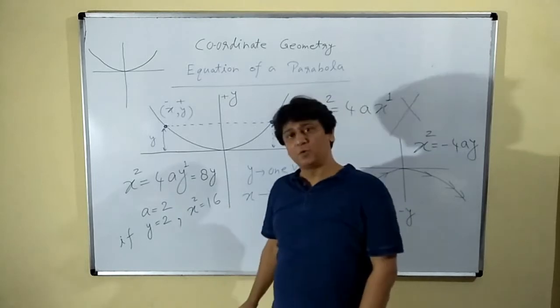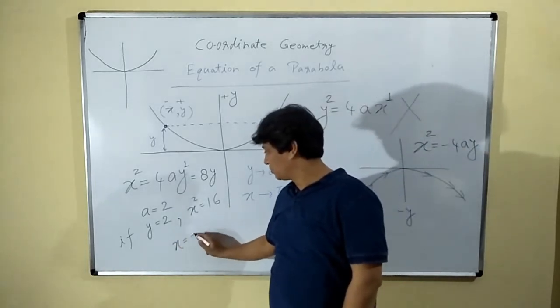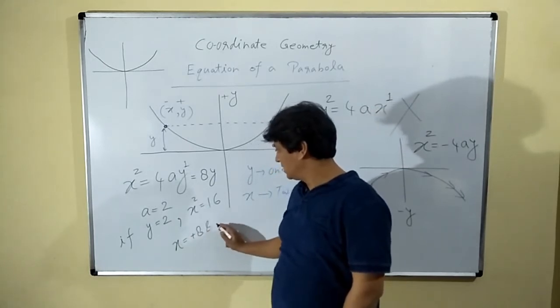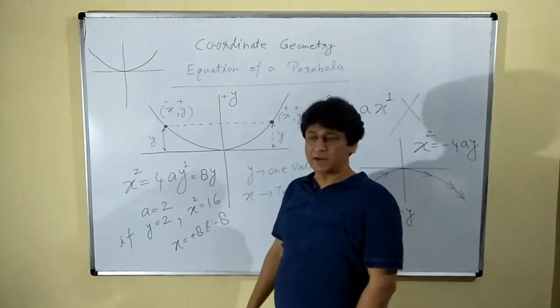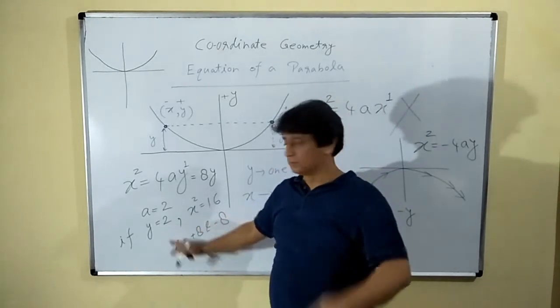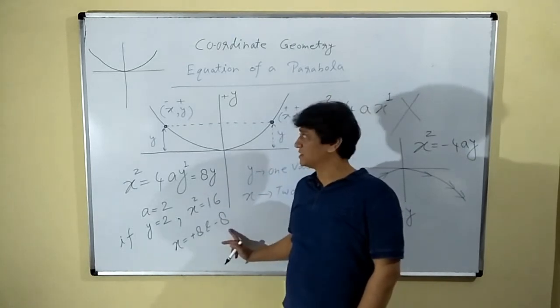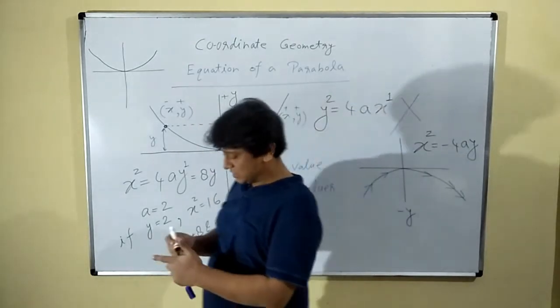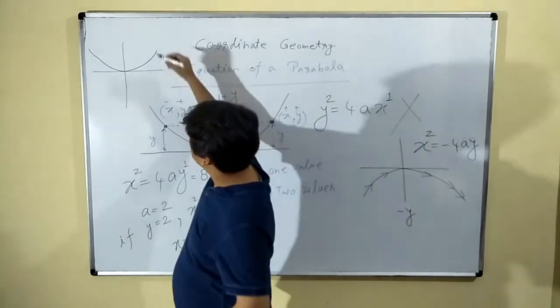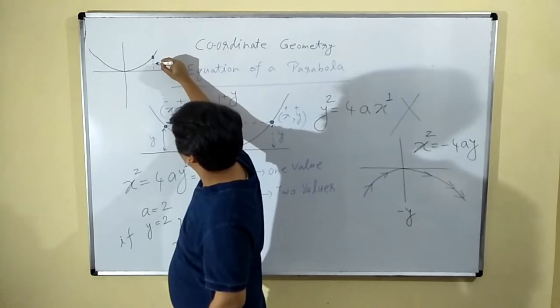This x square equals 16 gives us x equals to plus 8 and x equals to minus 8. For a given value of y, which is 2, we're getting two values of x which are 8 and minus 8. यहां पर जब मैं इस जगह पर हूं, तब भी ये हाइट है 2.